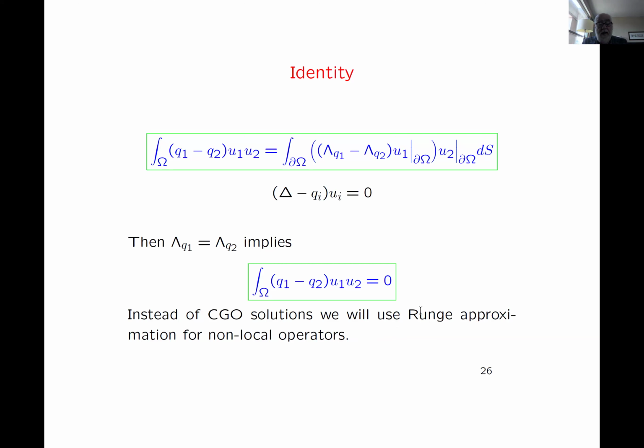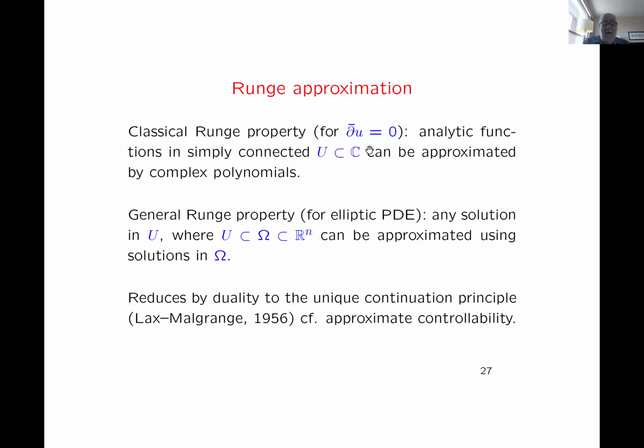The Runge approximation is the same as unique continuation. This was observed by Lax a long time ago. So let me say briefly about the Runge approximation. The classical Runge approximation is for analytic functions.